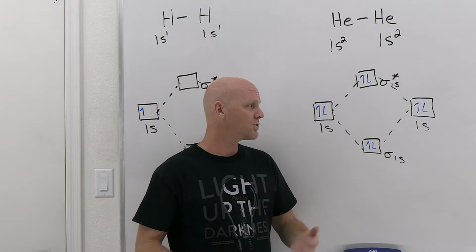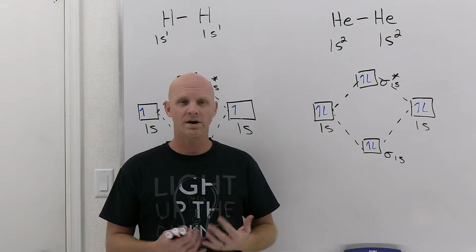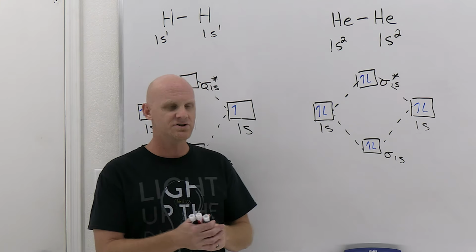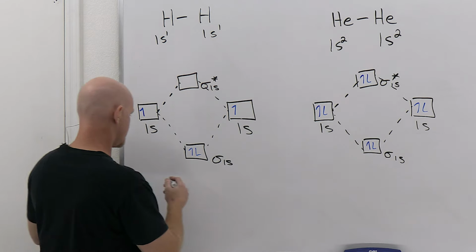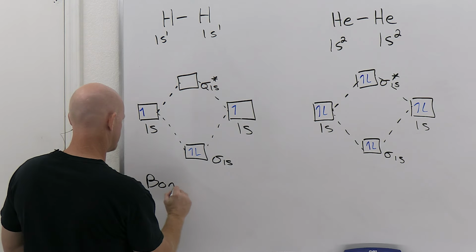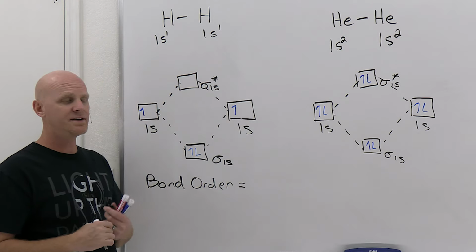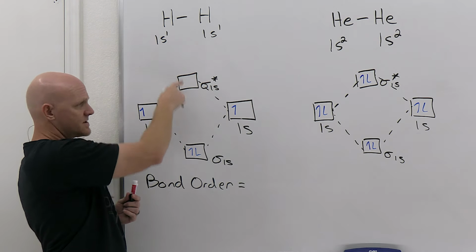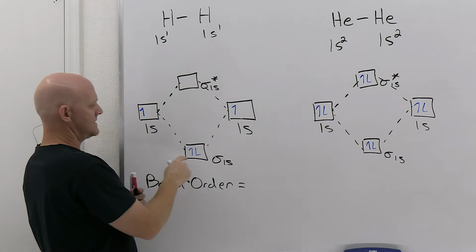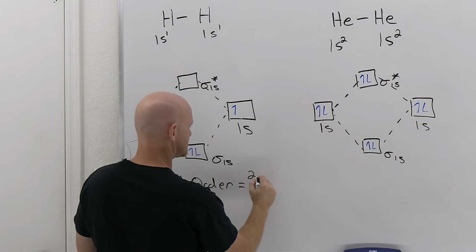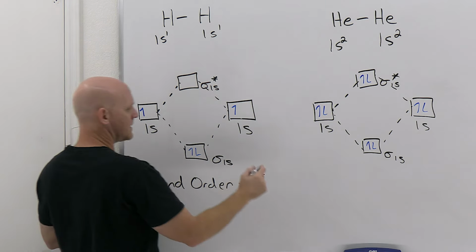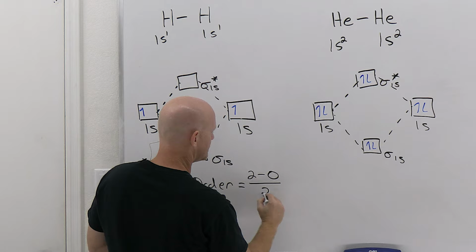Now, we've created what's called the bond order as a way to put a mathematical calculation on this. For your bond order, you're going to take your number of bonding electrons, and again, focus on the molecular orbital diagram, not the atomic part. So you'll take the number of bonding electrons, 2, subtract off the number of antibonding, in this case 0, and then divide by 2.